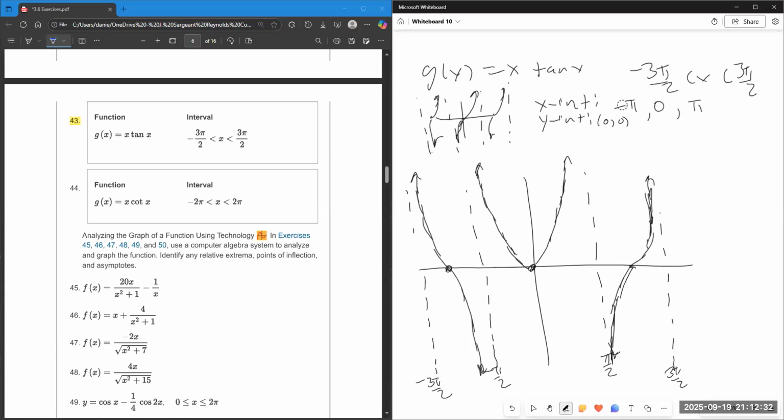This is negative pi, 0; 0, 0; pi, 0. Vertical asymptotes at negative 3 pi over 2, negative pi over 2, pi over 2, and 3 pi over 2. No horizontal asymptotes here.